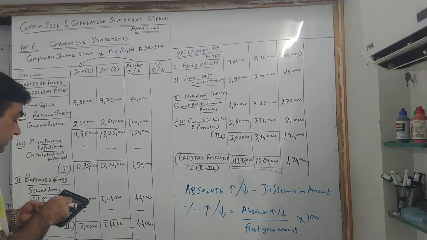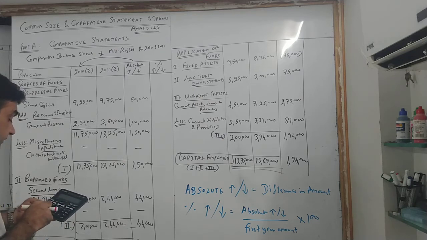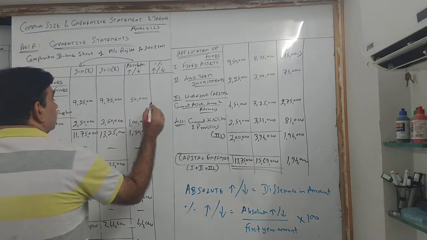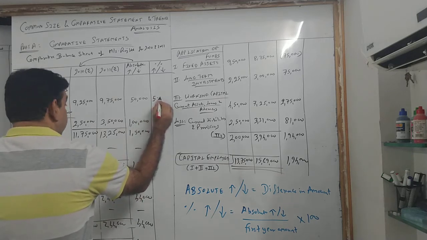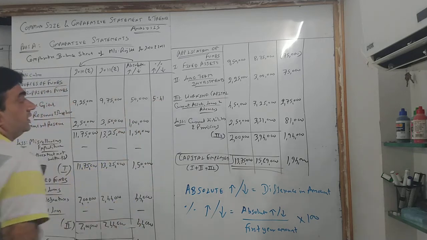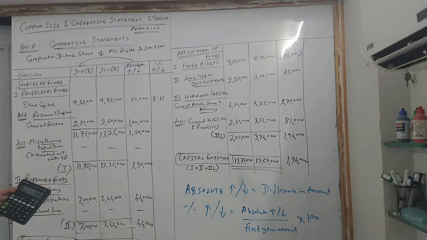I have to adjust my calculator: 50 divided by 925 into 100 gives me 5.4054. Round it to 2 decimals, 5.41.